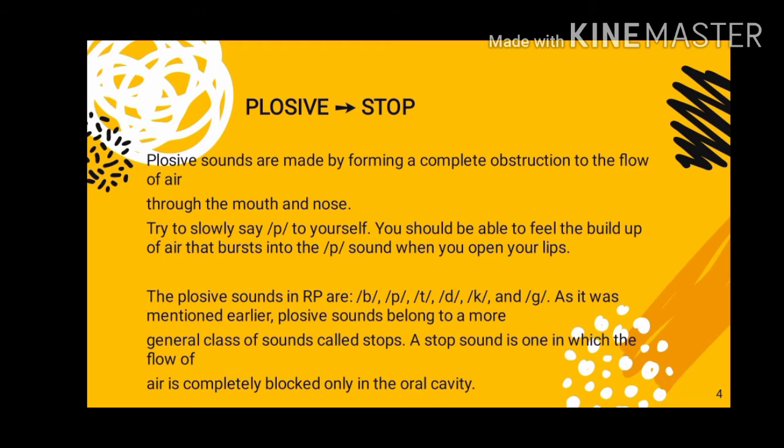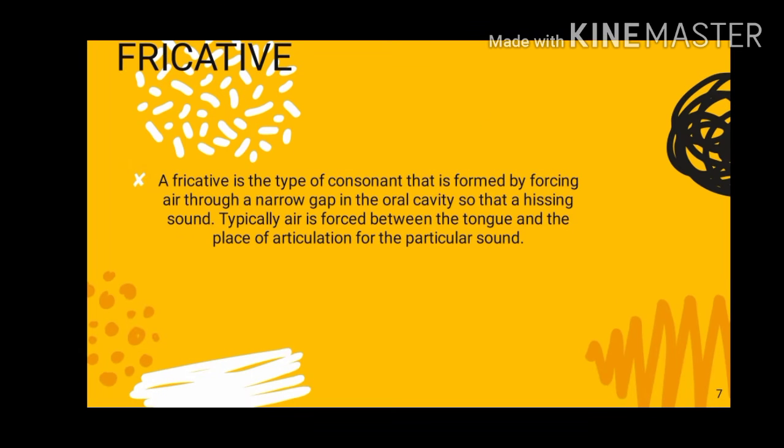The plosive sounds are B, P, T, D, K, and G. As mentioned earlier, plosive sounds belong to a more general class of sounds called stops. A stop sound is one in which the flow of air is completely blocked only in the oral cavity.